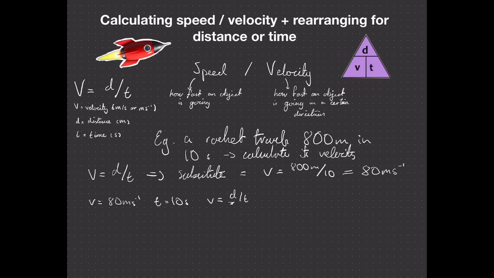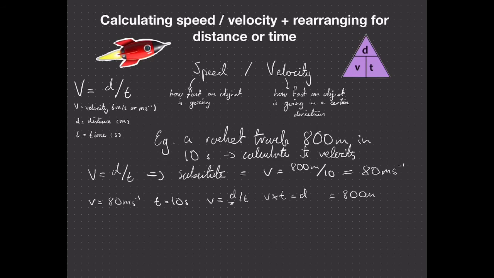I see that it's d over t, so I want to times both sides by t, which would cancel my t on the right-hand side of the equation, leaving me with just distance, which is what we want. So I'll get v times t equals distance. If I plug in the information, I'll get 800 meters, showing that it's in line with our calculations above.